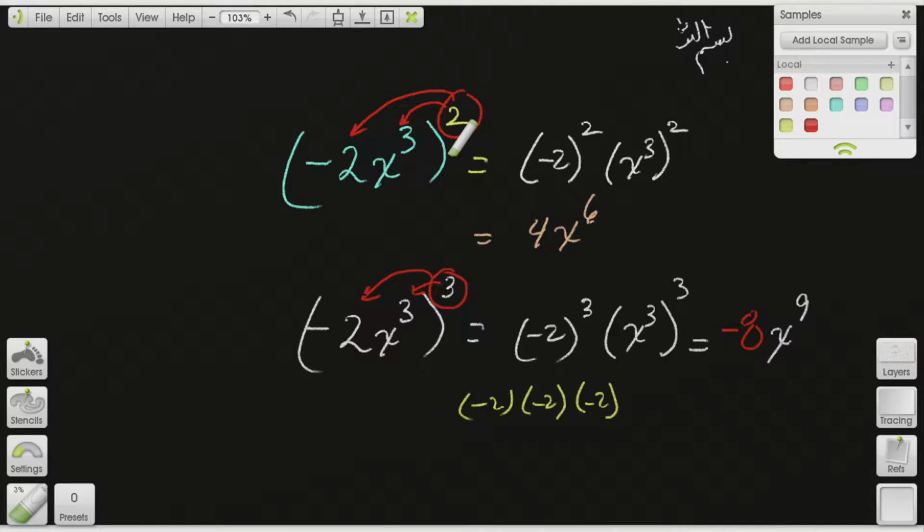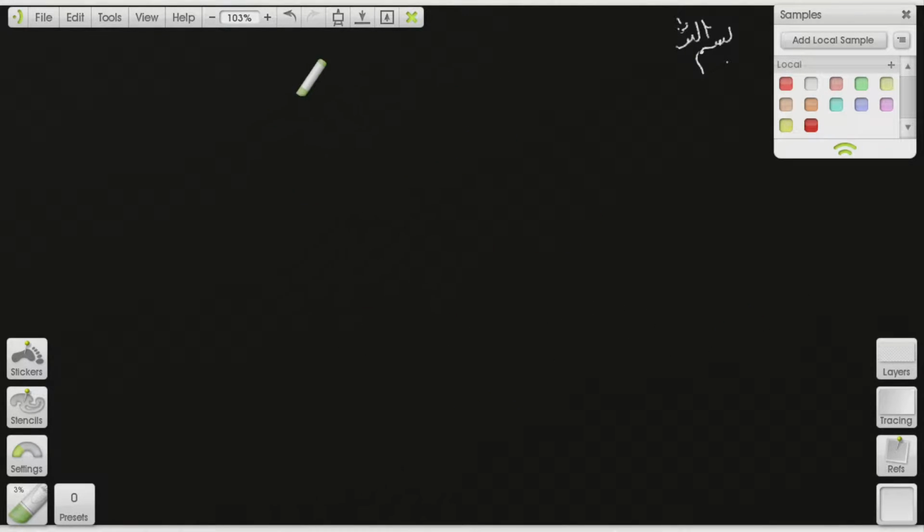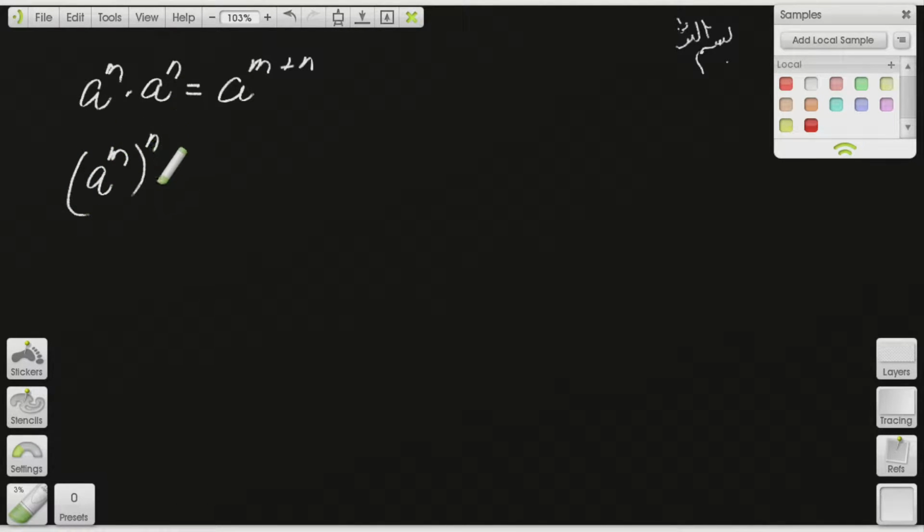Now let's enumerate the rules again. A to the m times a to the n, this is the product of powers, is a to the m plus n, and then we have a to the m to the n, this is the power of a power, that's a to the m times n, and then we have a times b to the m.